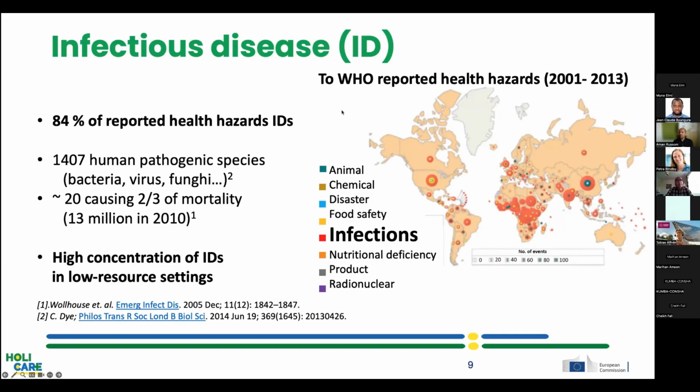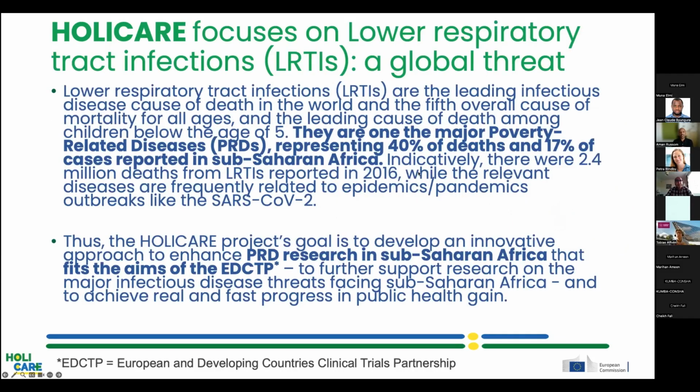And hence it has really been the focus of the HoliCare project. And within that, as I was saying earlier, we've really focused on lower respiratory tract infections because it's a really global threat. We will present this in more detail in the coming presentations.